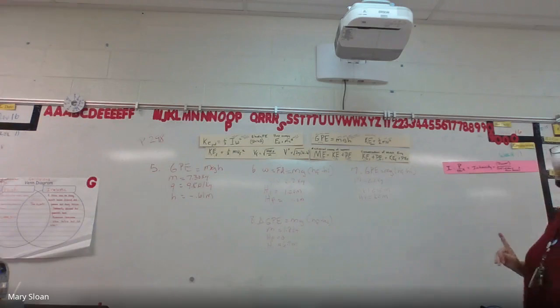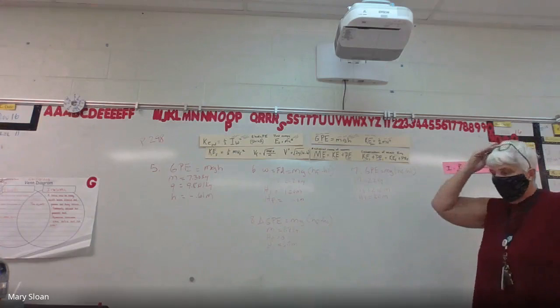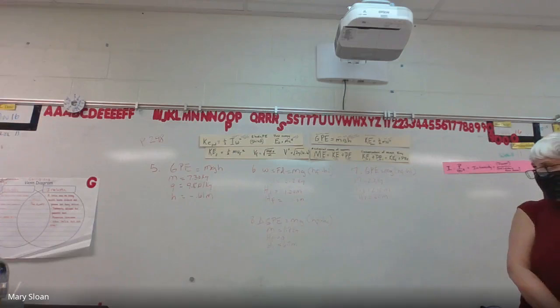So let's look at question number 5. Question number 5 said, in the example problem, what is the potential energy of the ball's earth system when the bowling ball is on the floor? Use the rack as a reference level. So if we go back to the sample problem, which is the one before, it tells us the mass is 7.30 kilograms. Gravity is always 9.8 newtons per kilogram.